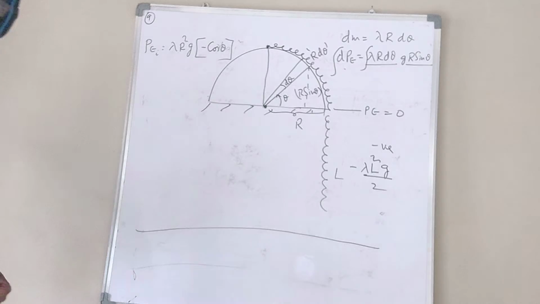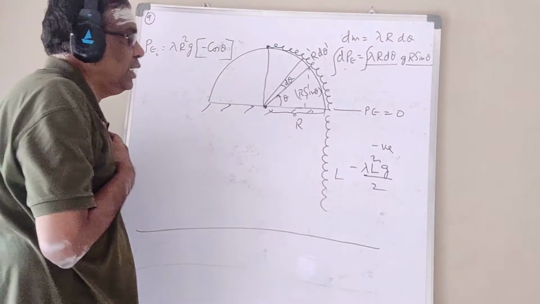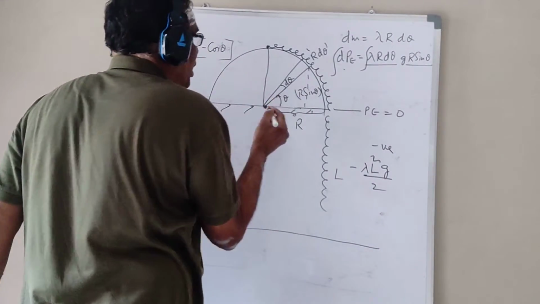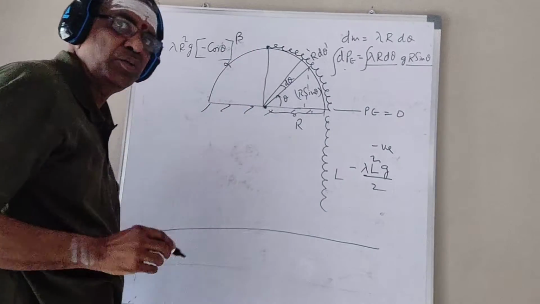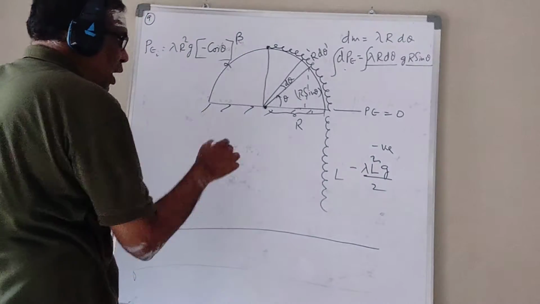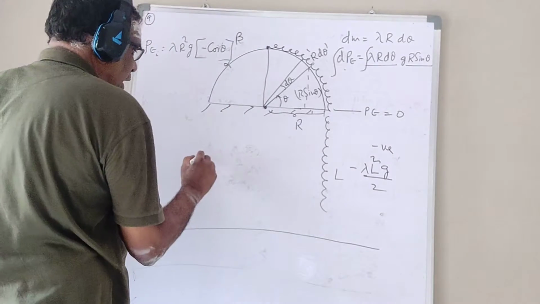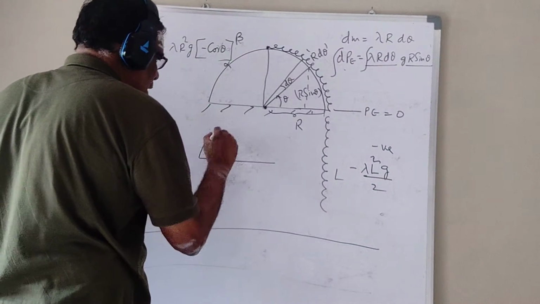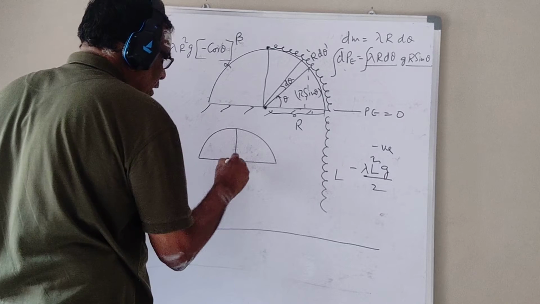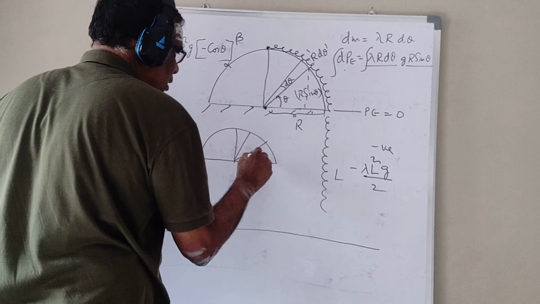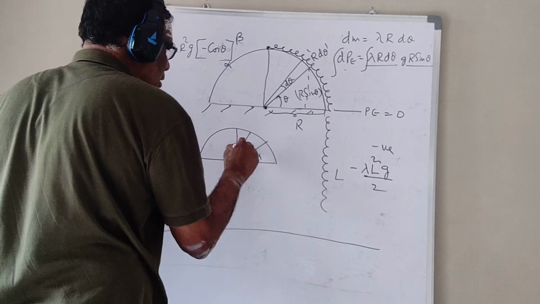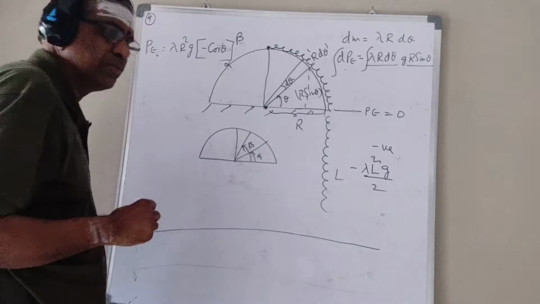Now the limits part. I do not know from where to where. I am taking from alpha to beta. I am just telling you, I want to generalize this. I just want you to see, suppose this is alpha, that is beta.